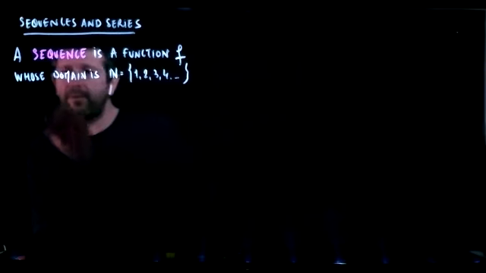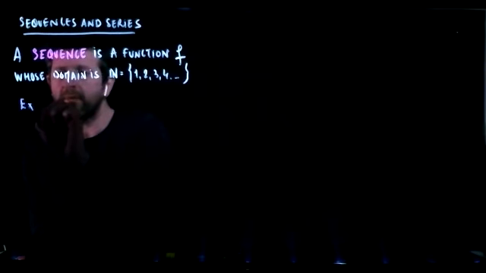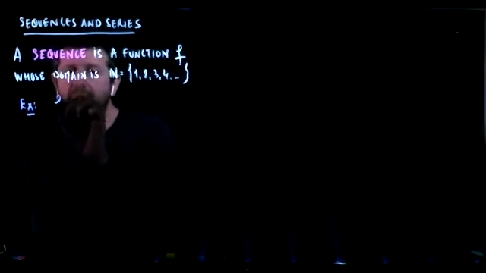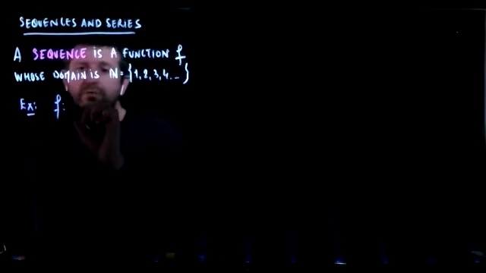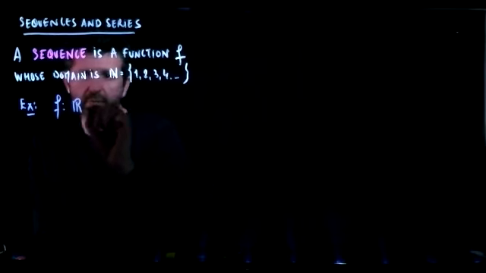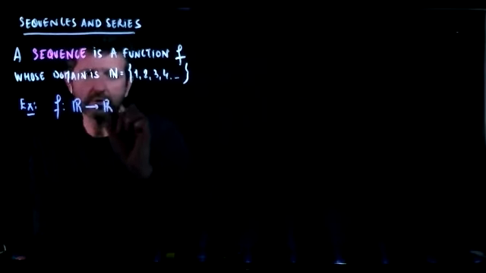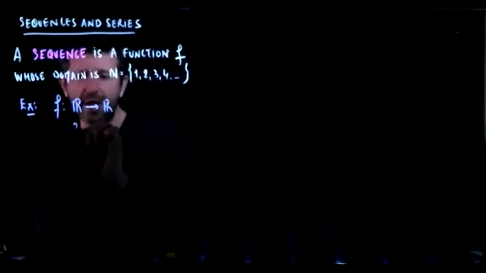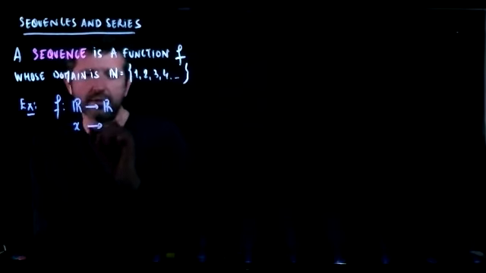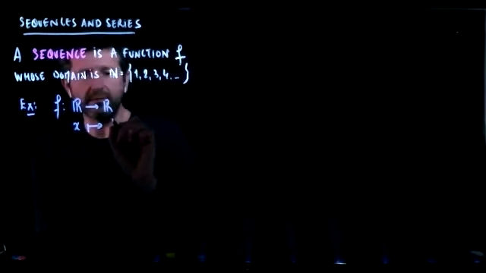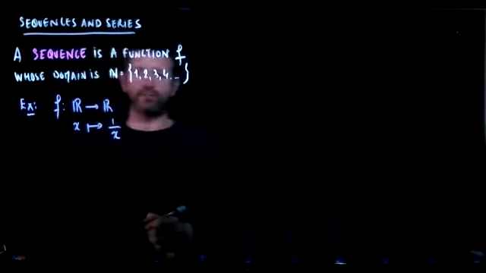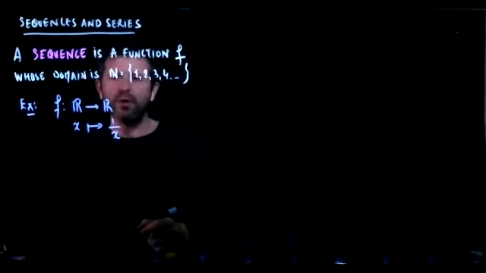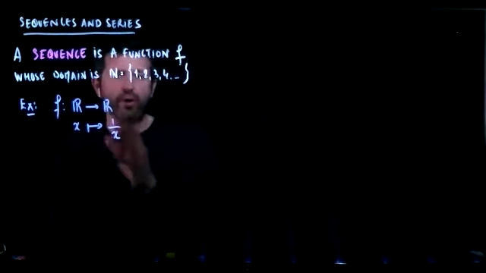So for example, if I'm telling you F goes from R to R, this is a new notation for you, and to each X it associates, let's say, 1 over X. This is a more extensive way of writing a function.